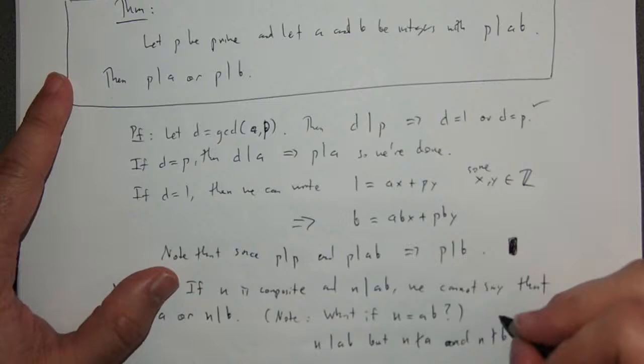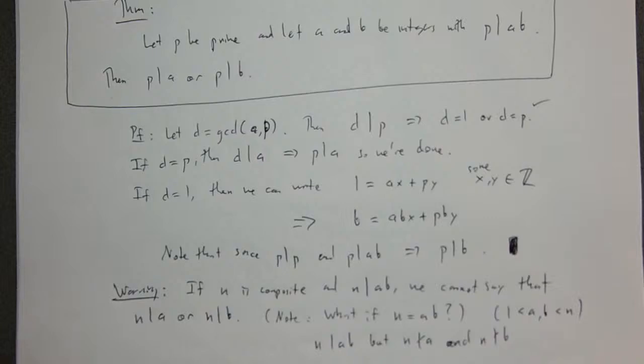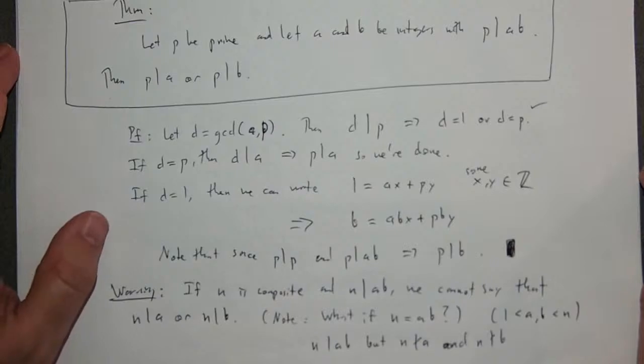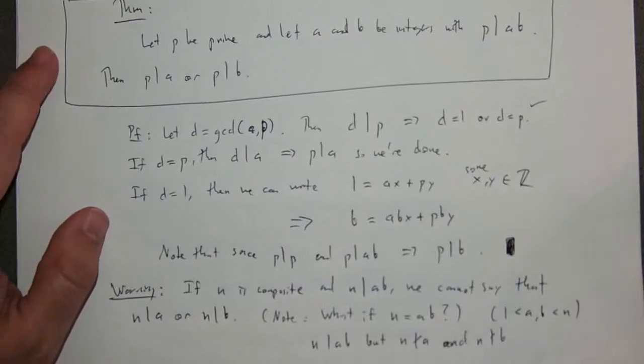So let A and B both be between 1 and n here. Okay. This is an easy way to come up with it, but you don't have to.